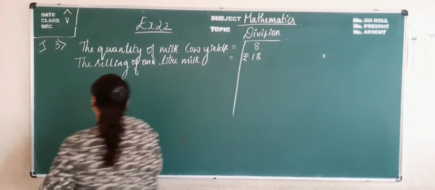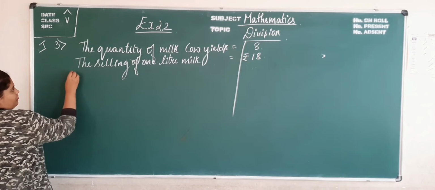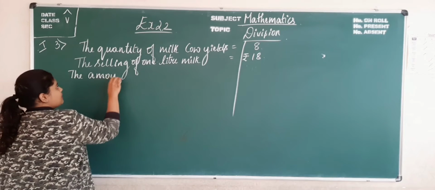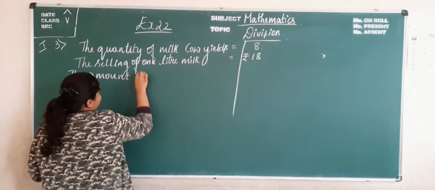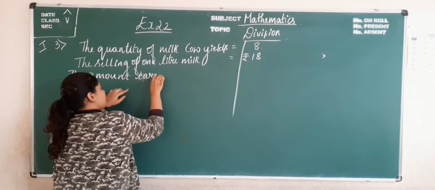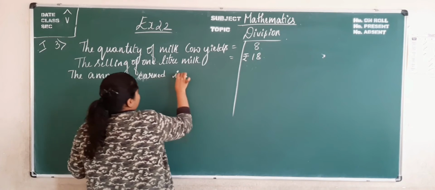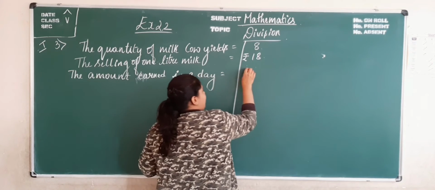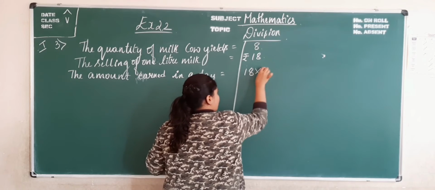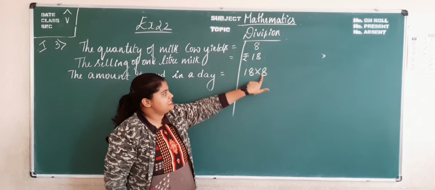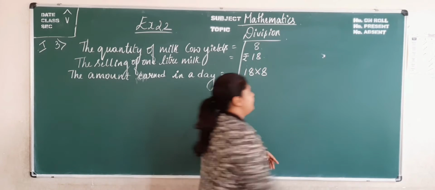Next statement: the amount earned in a day is equal to 18 into 8. The number of liters per day is 8, and the cost of 1 liter is 18.